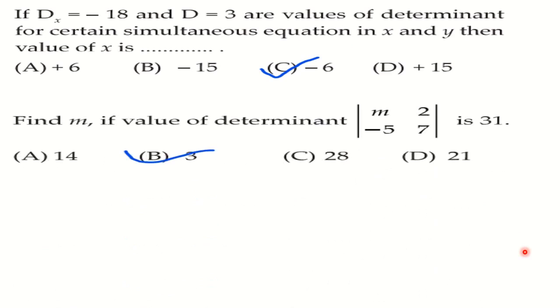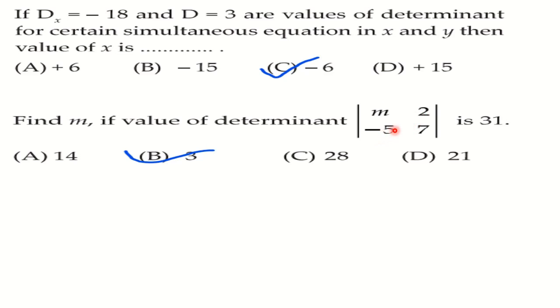Next, find m if the value of the determinant, where the rows are m and minus 2, and minus 5 and 7, is 31. So we have to solve this determinant. You know how we find the value of a determinant. We are going for cross multiplication. So the value of this determinant is what? 7m plus 10.